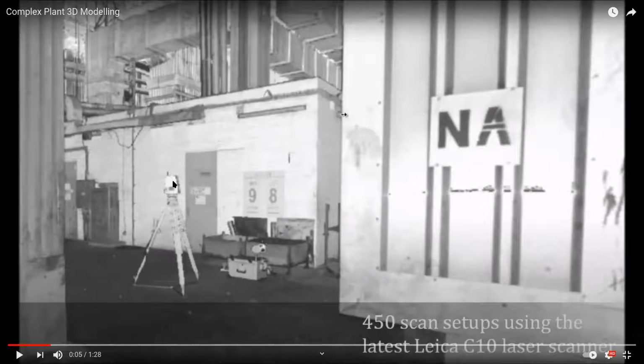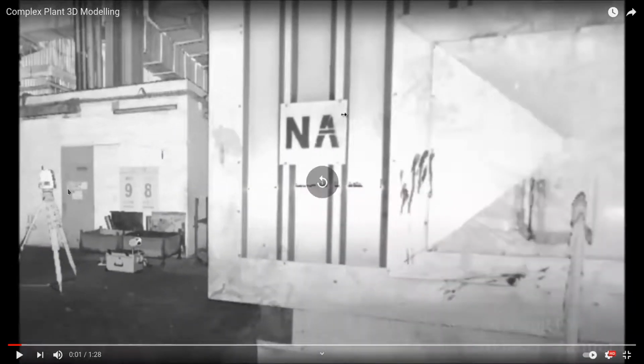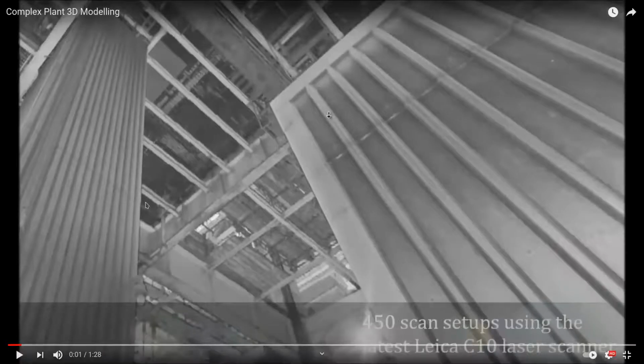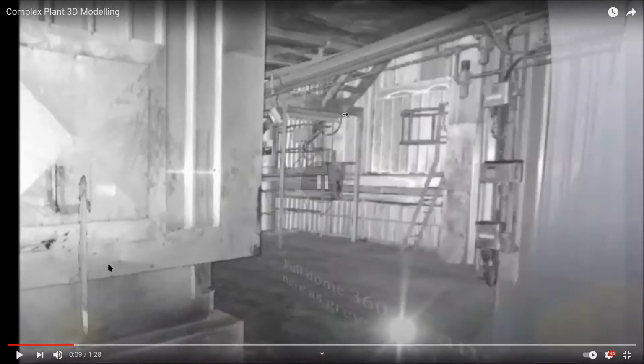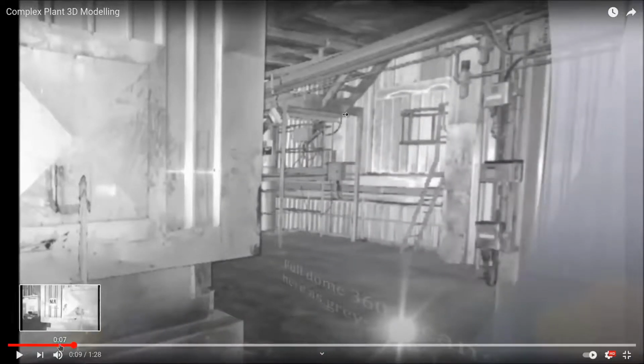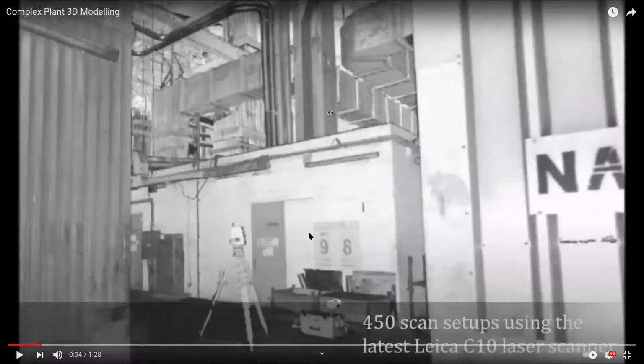As you can see, this equipment here, yeah, this one is maybe lidar. The color is gray tone because it's laser scan point cloud information of the constructed plant system.